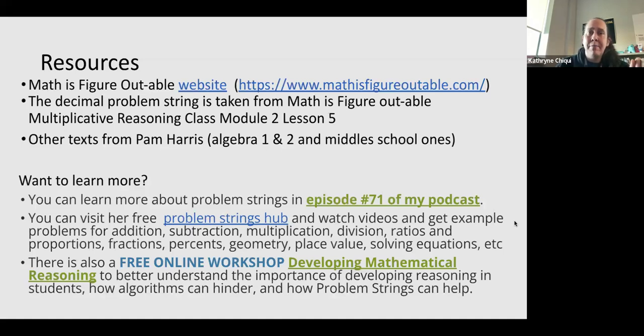It can be a good wrap up at the end as well to solidify ideas that a task got to, like if the group is working on being able to multiply by 10 and seeing what multiplying by 100 does for place value, you can use a problem string at the end to solidify stuff that you've been learning throughout the lesson.